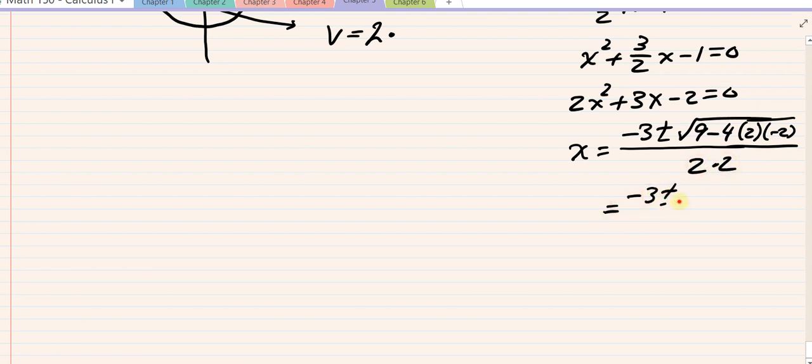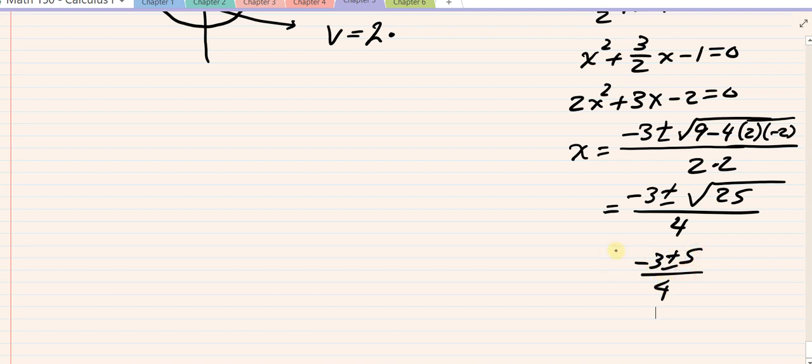It's negative 3 plus or minus the square root of. The radicand is going to be 16 and 9, 25 divided by 4. So that's negative, let's see, making sure I set them up correctly here. Yeah. So it's going to be negative 3 plus or minus 5 over 4.